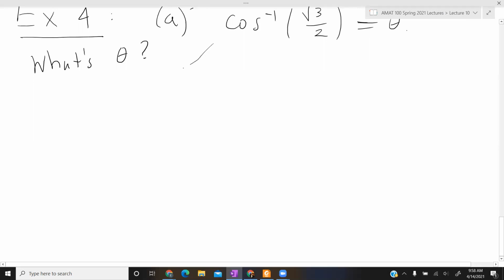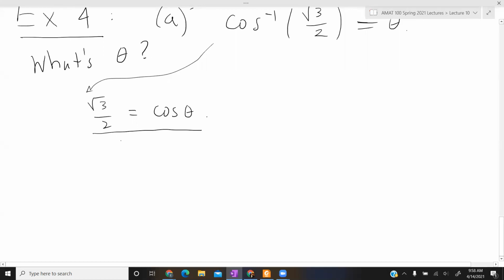Well, first of all, let's do what we did in the other example. We're going to apply cosine to both sides. So √3/2 is equal to cosine theta. So cosine inverse of √3/2 is equal to theta if and only if this holds. Remember, that's the definition of an inverse function applied to cosine.